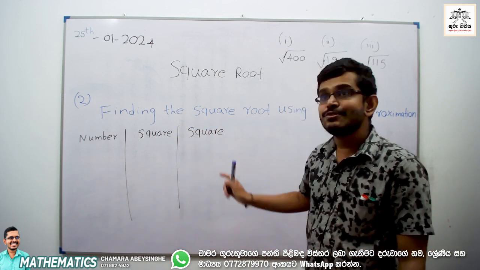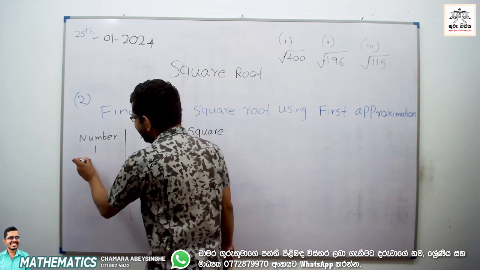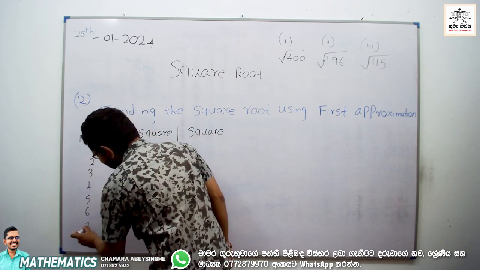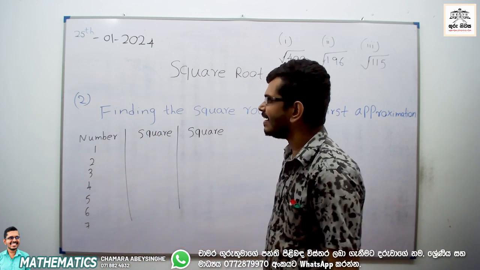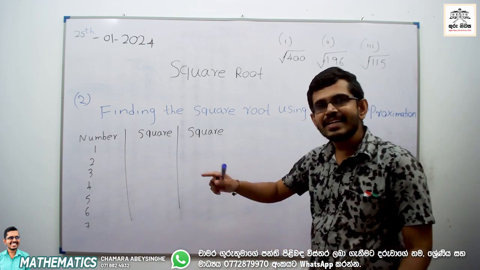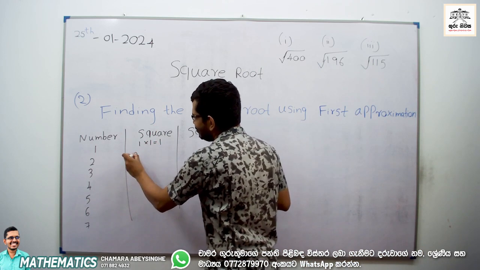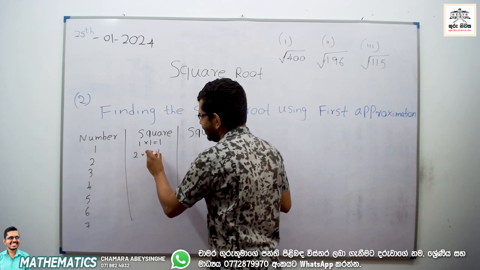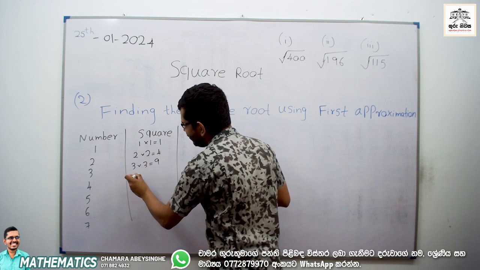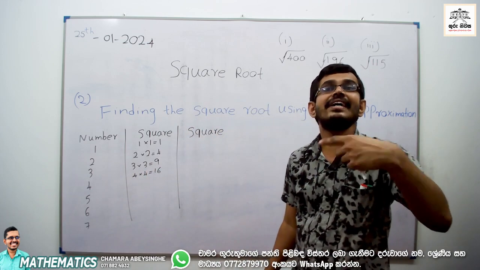Under number, you should write the numbers 1 to 20. 1 times 1 is 1, 2 times 2 is 4, 3 times 3 is 9, 4 times 4 is 16, and you should find up to 20 times 20.